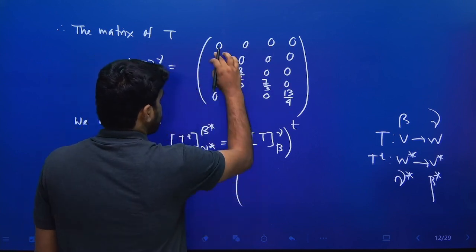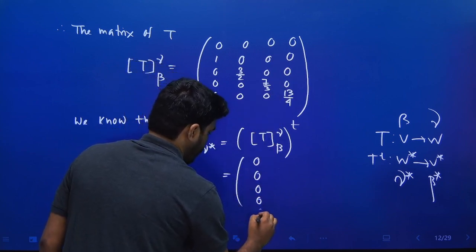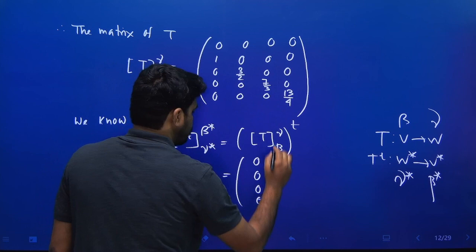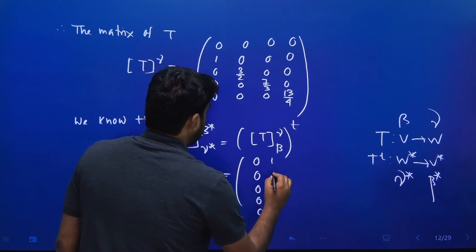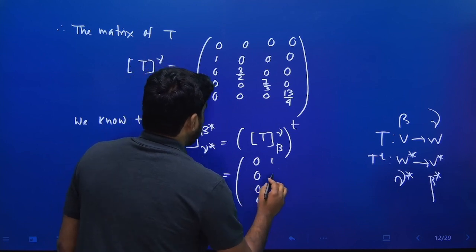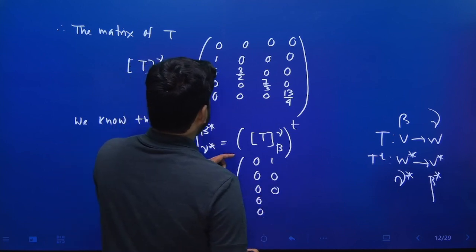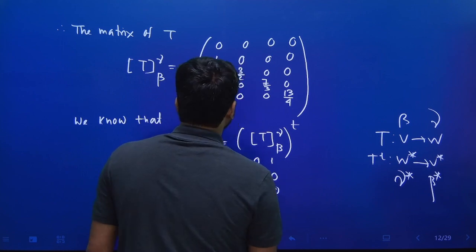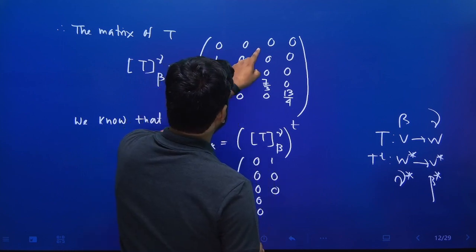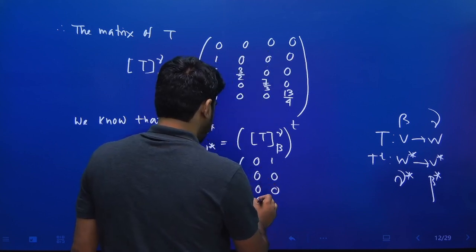That means the rows will become columns. Okay, 1 0 0 0 1, 1 0 0 0, 0 0 0 0 0 0 0, so 0 0 0 0.